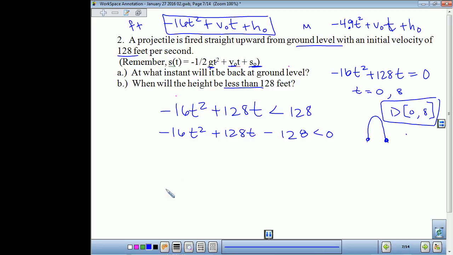Very good. I just forgot. 6.82. You got your zeros? Show me how you found the zero.